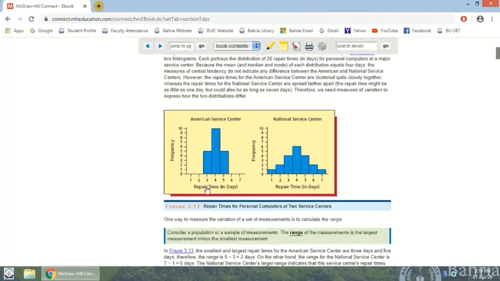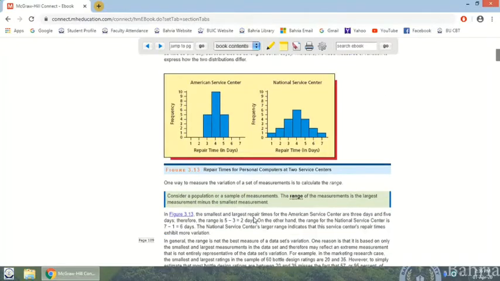The American Service Center lies somewhere around the 5th day going towards the 6th, or the 3rd day, beginning towards the end of the 2nd day. Okay, so we'll just pick up from where we left off.